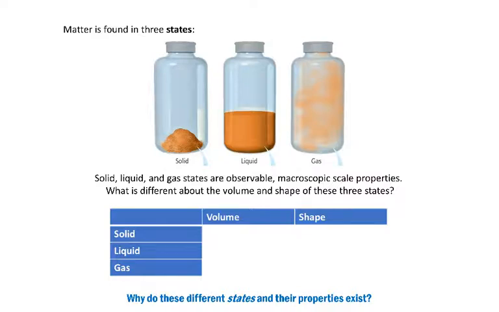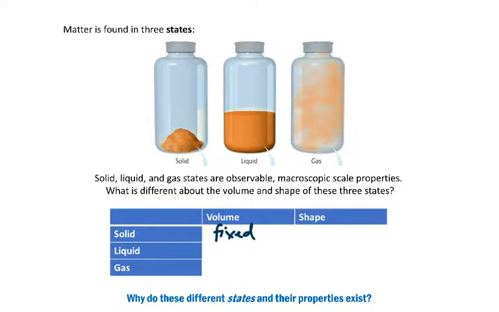And the great thing about these videos is you can pause it and think for yourself before you answer. So does a solid have fixed volume or unfixed volume? Think for yourself, and then we're going to say it has a fixed volume. It doesn't change depending on the container.